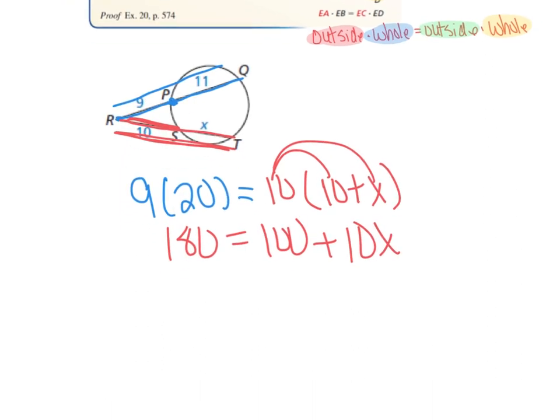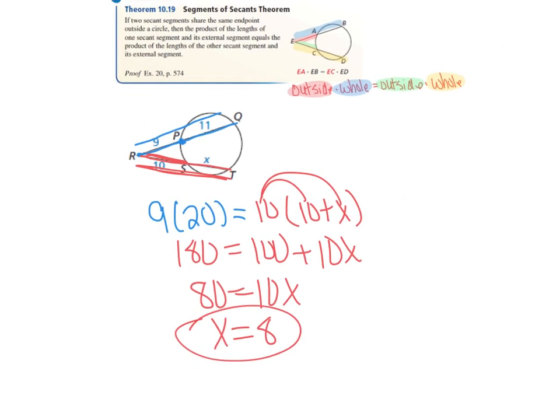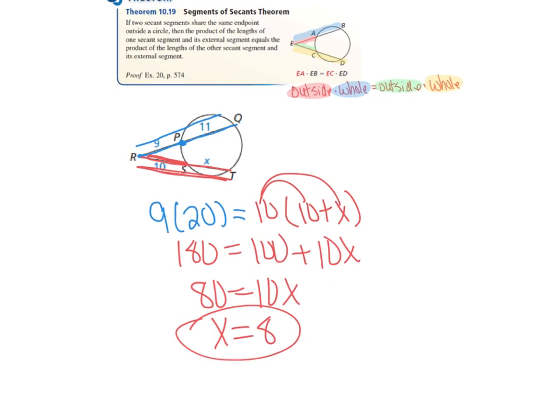If we subtract 100 from both sides, I get 80 equals 10x. X equals 8. Okay, so be very careful. You cannot just multiply 9 times 11 and 10 times x. It does not work that way when the secants meet on the outside of the circle.